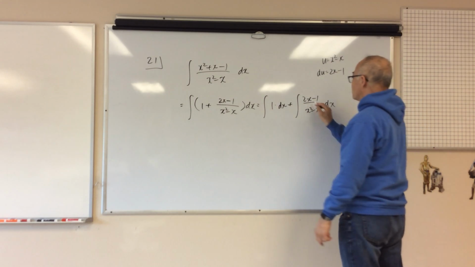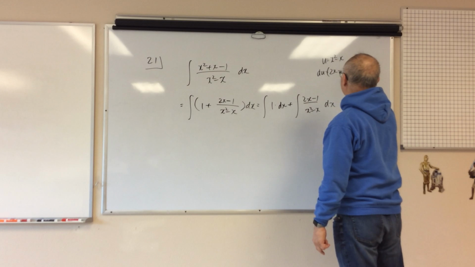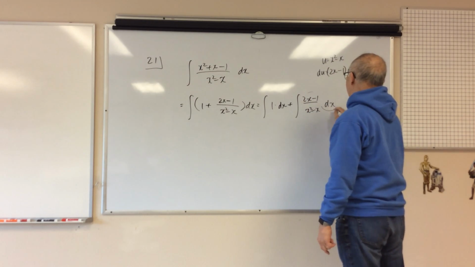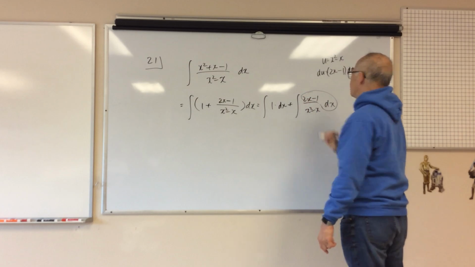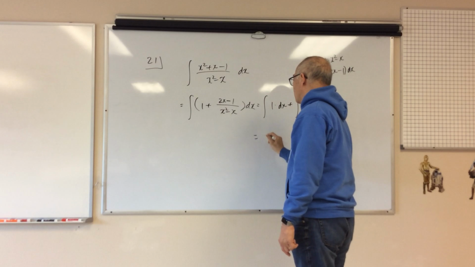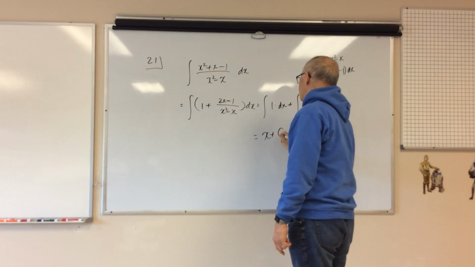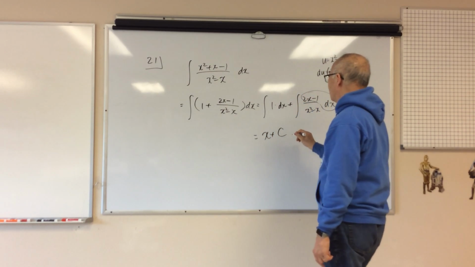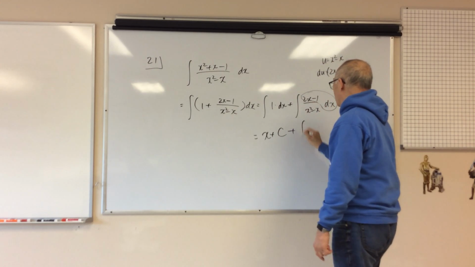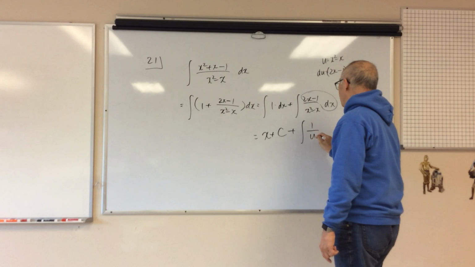So in other words, this guy here is du. You end up with a situation where this is going to be x plus c plus 1 over u.